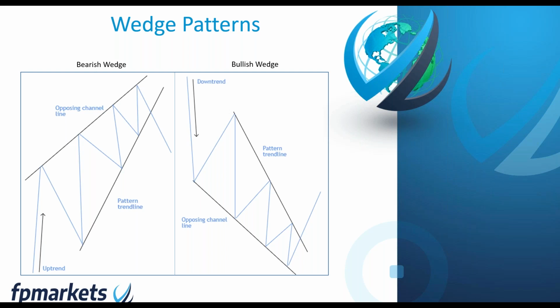Actually, I think many experienced traders simply see the wedge as more of a channel. What I mean by 3 tests for the pattern trend line is at this point, and at this point, and the opposing trend line at this point, and at this point. So we basically need at least 2 points at the opposing channel line and 3 at the pattern trend line.